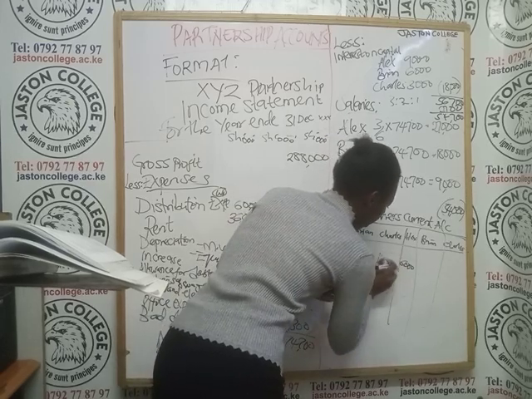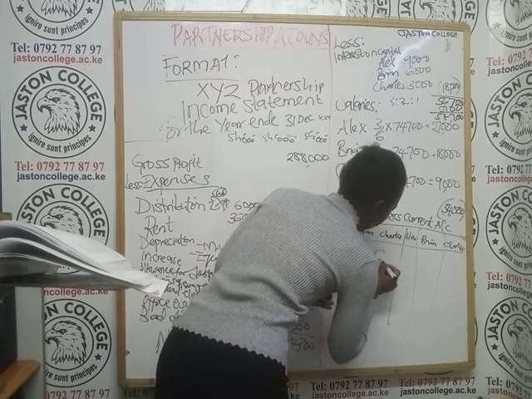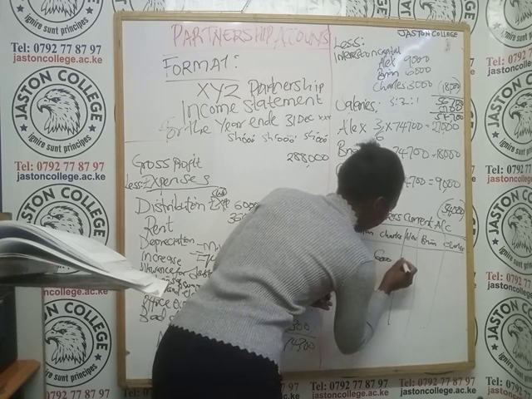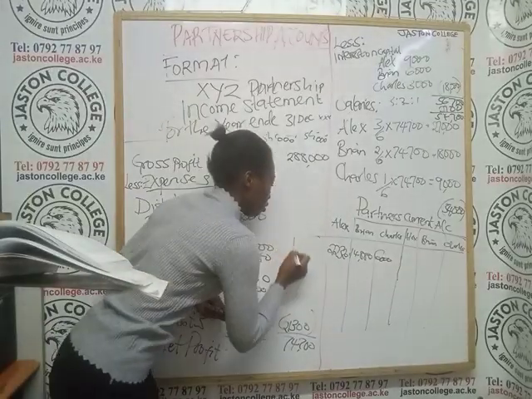Then we have 6,000. Yeah, it should be there. This is drawings.